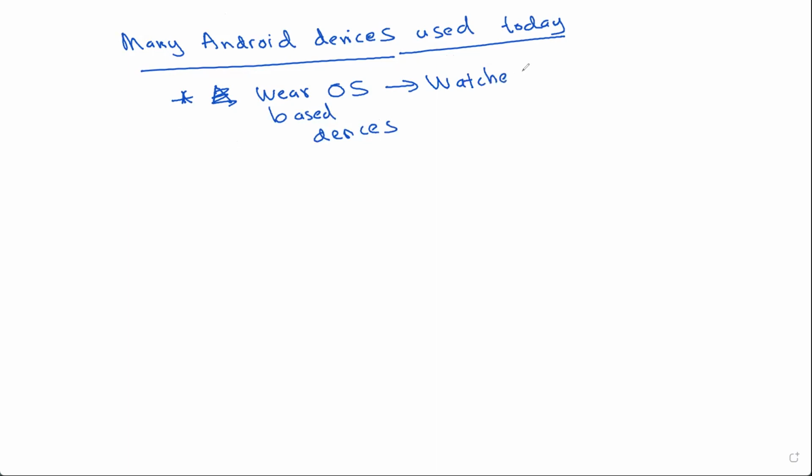The devices which we can wear and which use these operating systems we call Wear OS. So we have watches and related accessories.